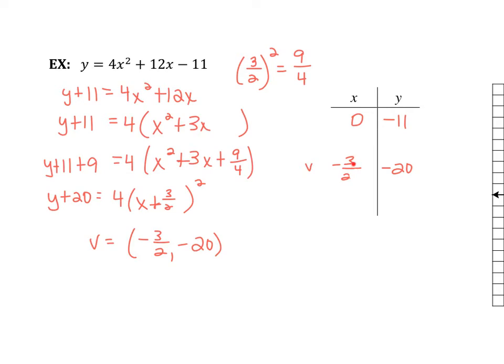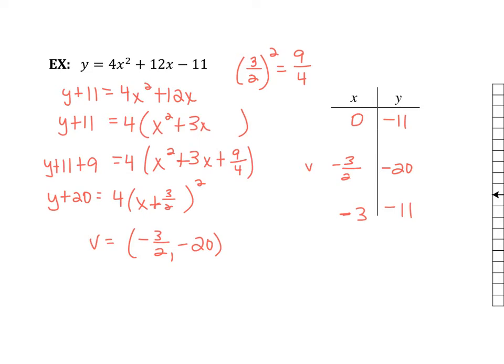So going from negative 3/2 to 0 is going 1.5 units to the right, if we think about it on a number line. So if we go 1.5 units to the left of negative 3/2, we'll have the x coordinate for our symmetry point. So 1.5 units to the left of negative 3/2 is going to be negative 3. And then that's a symmetry point with respect to the y-intercept. So our y value for that would be negative 11 also.